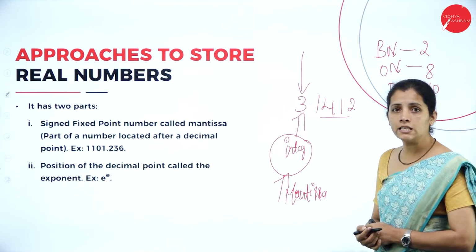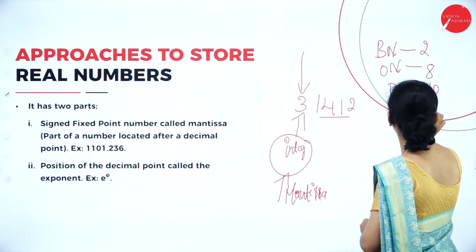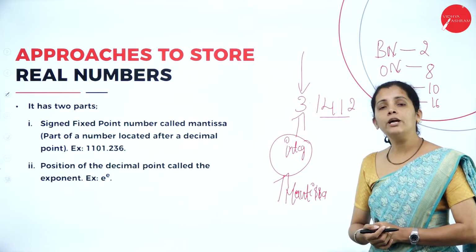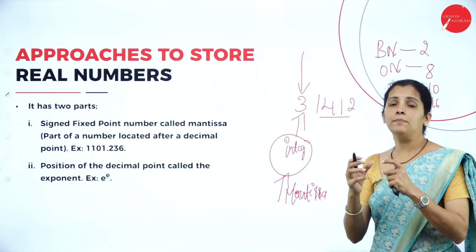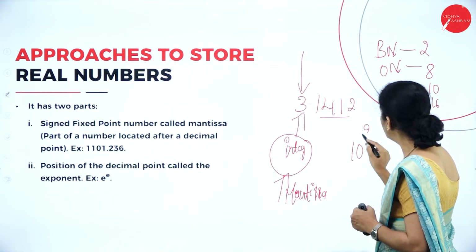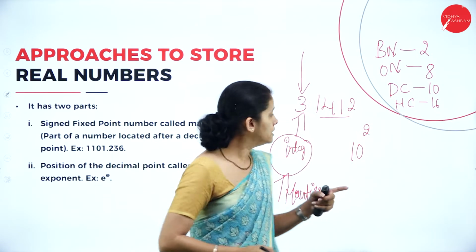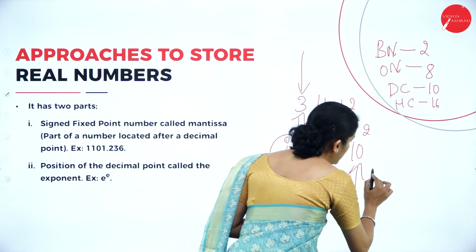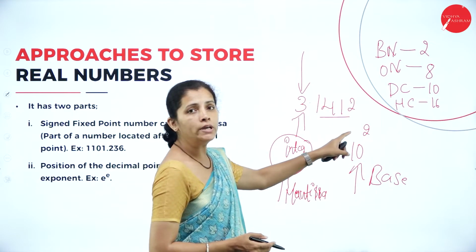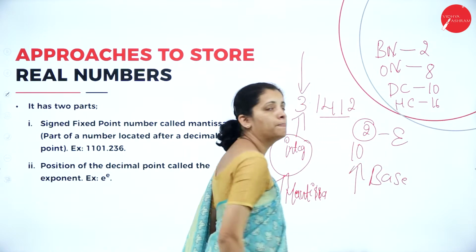If it is hexadecimal number system, the base is 16. Then what about exponent? That's nothing but the power. Suppose I write 10 to the power 2. So 10 to the power 2 in the sense what? This 10 is nothing but the base, and this 2 is nothing but the exponent or e.